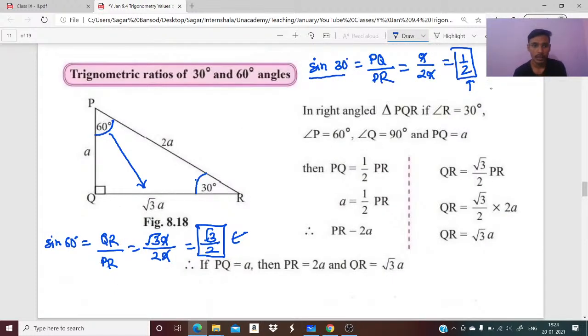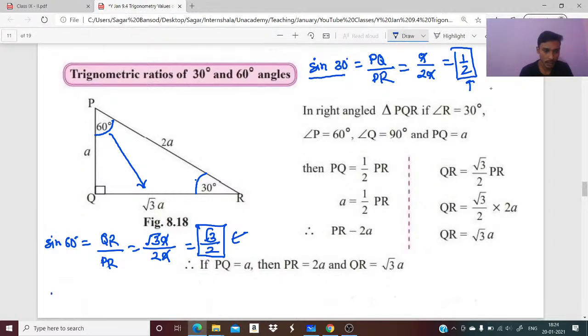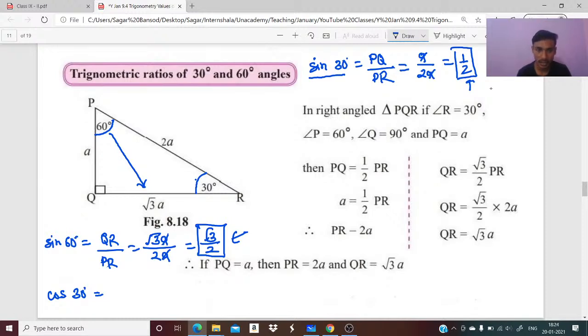Okay, now again let us suppose I ask you to find the value of cos 30 degree. You know that cos of 30 degree is given by the adjacent upon hypotenuse. This is your 30 degree angle and QR is the side adjacent to it.